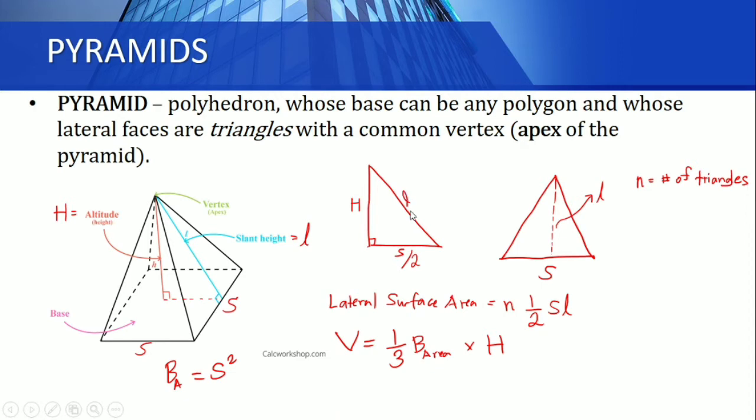And yung hypotenuse natin is yung slant height ng pyramid or yung small letter L. So para makuha natin yung slant height, so that will be L squared is equal to H squared plus S/2 squared. So gagamitin lang natin yung principle ng Pythagorean theorem.